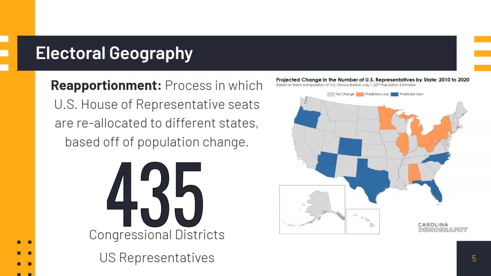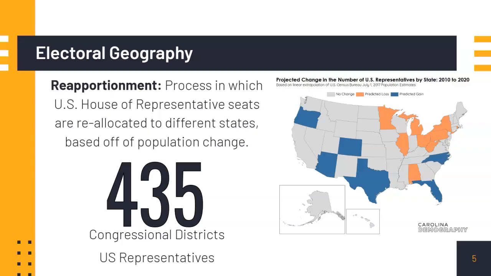The census, conducted every 10 years, provides the data necessary for reapportionment. As populations shift across the country, some states may gain congressional seats, while others may lose them. This process ensures that representation in the House remains proportional to population.